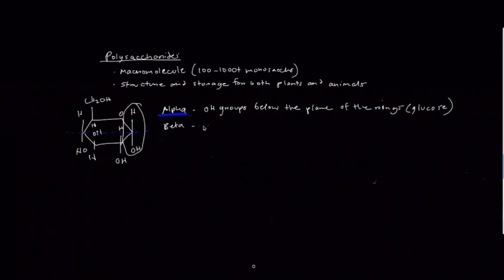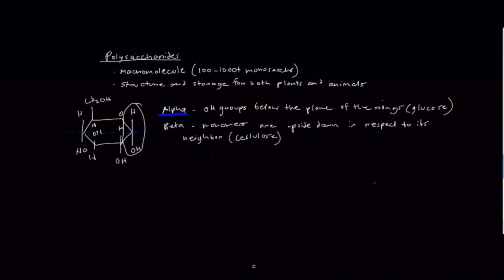So the definition for this is monomers are upside down in respect to its neighbors. All right. And this can be found in cellulose.